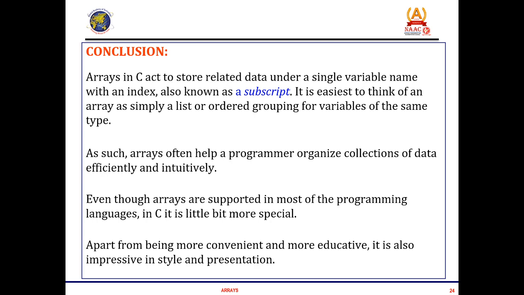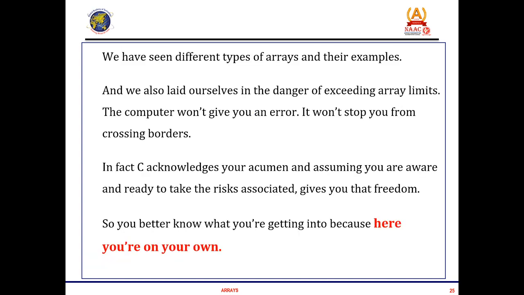As such, arrays often help a programmer organize collections of data efficiently and intuitively. Even though arrays are supported in most programming languages, in C, it is a little bit more special. Apart from being more convenient and more educative, it is also impressive in style and presentation.